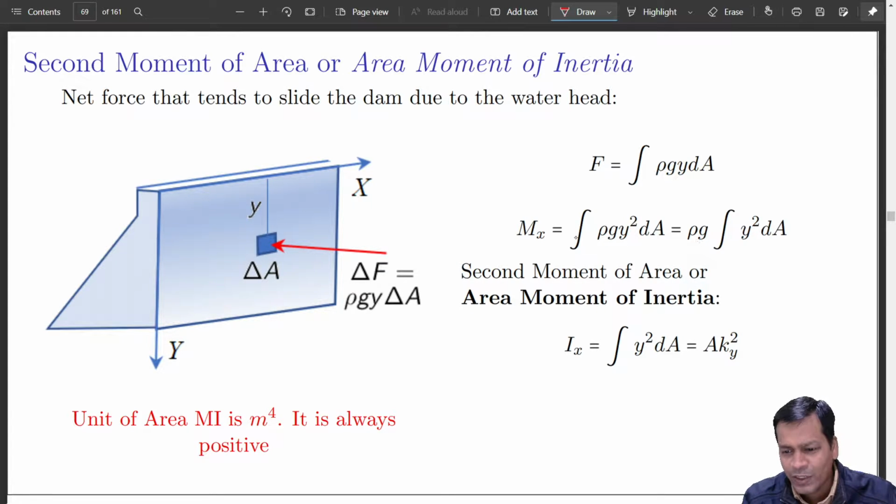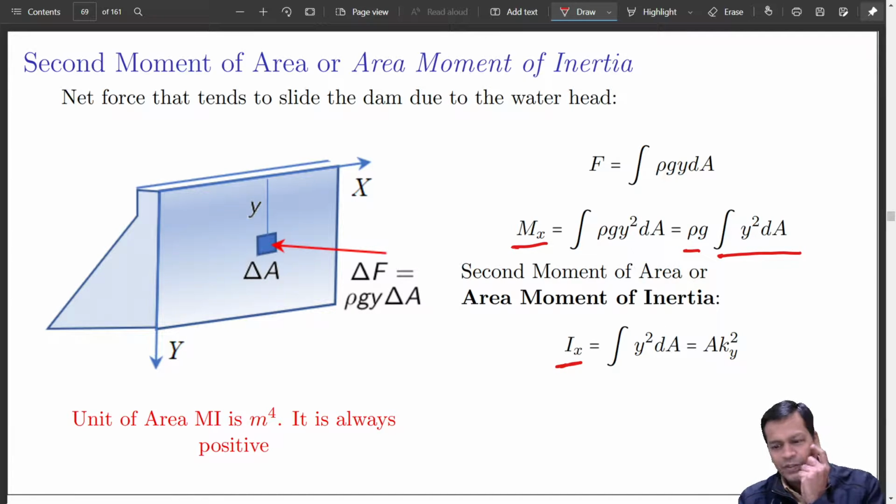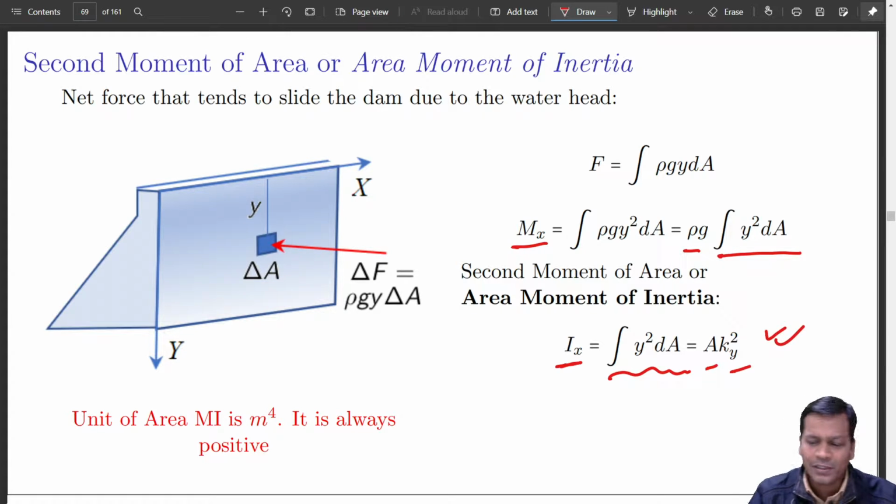So the moment is equal to rho g times Ix. That is what the second moment of area is, and it is given by the integral of y square dA, and it can be written as A ky square.